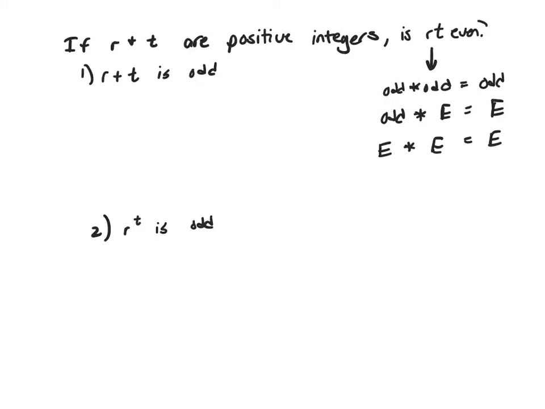Okay, so R plus T is odd is your first clue. The way you can get an odd number, if you add an odd plus an even, that will always give you odd, and that's what clue 1 says. And it's the only way you can do that, because an even plus an even is an even, and an odd plus an odd is an even.